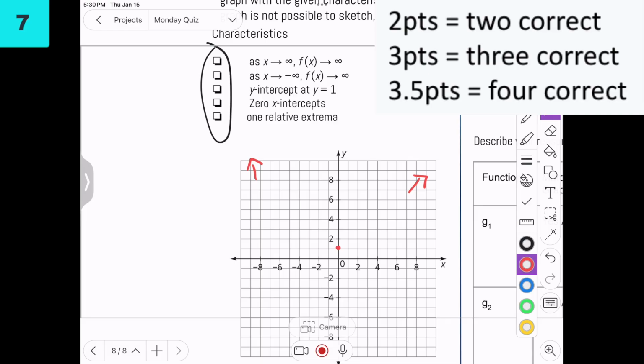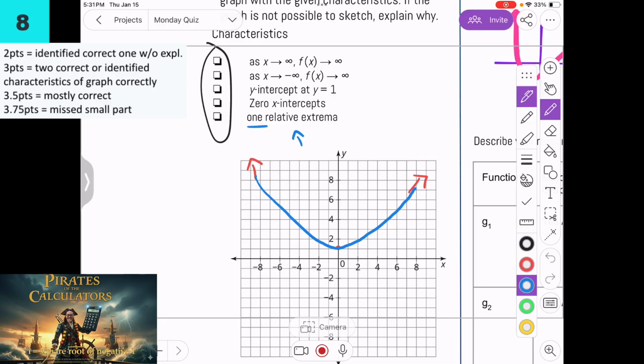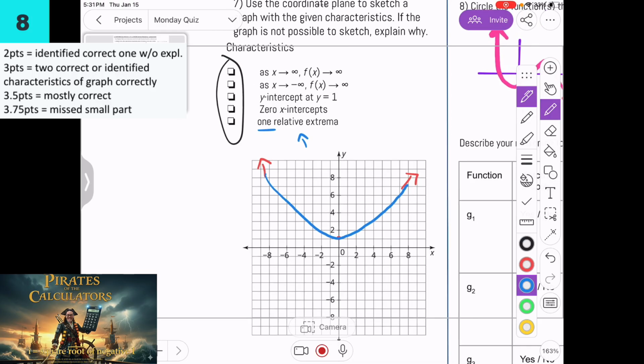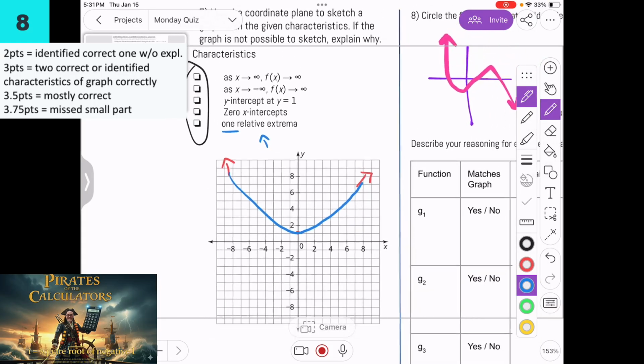If I have 0 x-intercepts, that means it's never going to touch this line. So I can go ahead and graph this. The reason why I only do one turn is the last piece of information: only one relative extrema. So this is my graph.